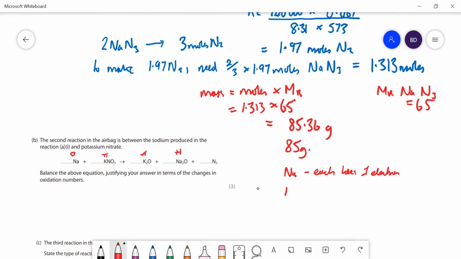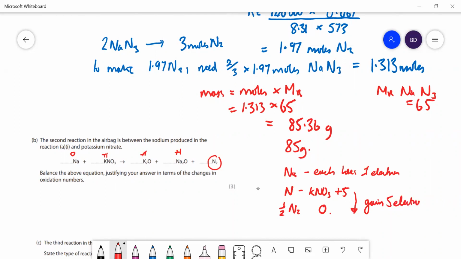Now the nitrogen in potassium nitrate has got an oxidation number of +5, whereas in here it is 0. The uncombined element is 0. So let's call that half N2. So that means that is going to gain 5 electrons.